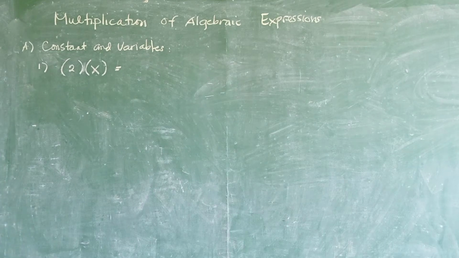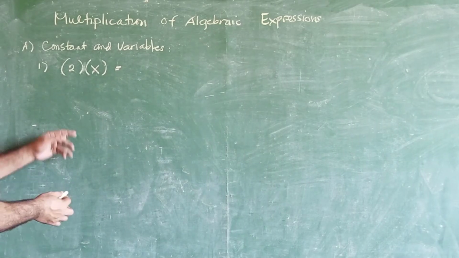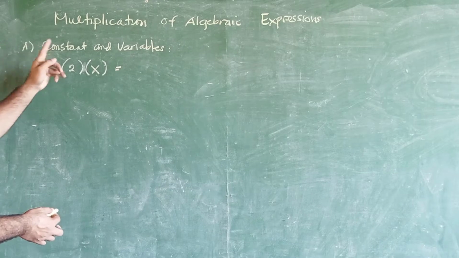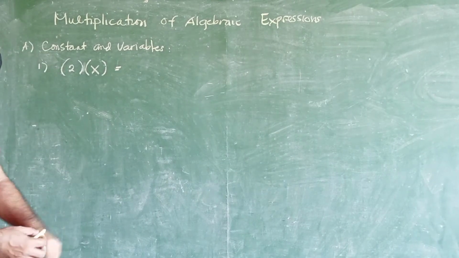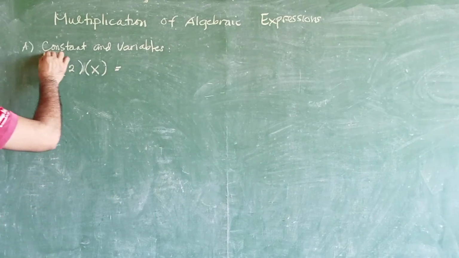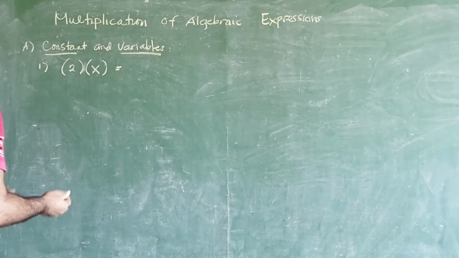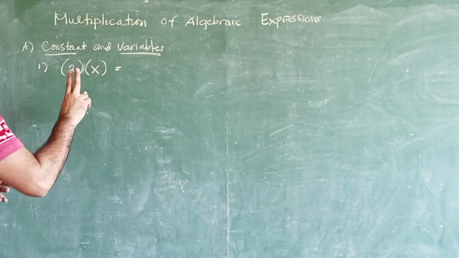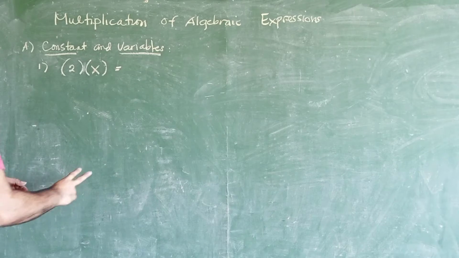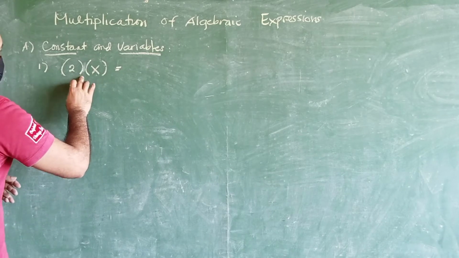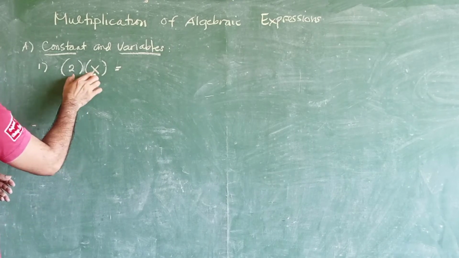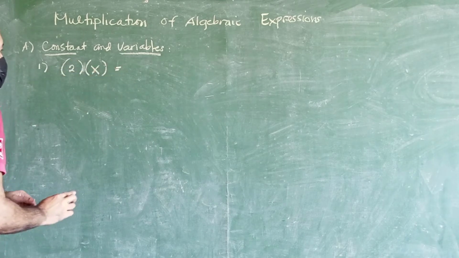Let us try to recall the basic part of the multiplication of algebraic expressions. We have the constant and variables. What is the result when we multiply constant and variables? If you are multiplying a constant or number and a letter, the result is just to copy them together as your answer.